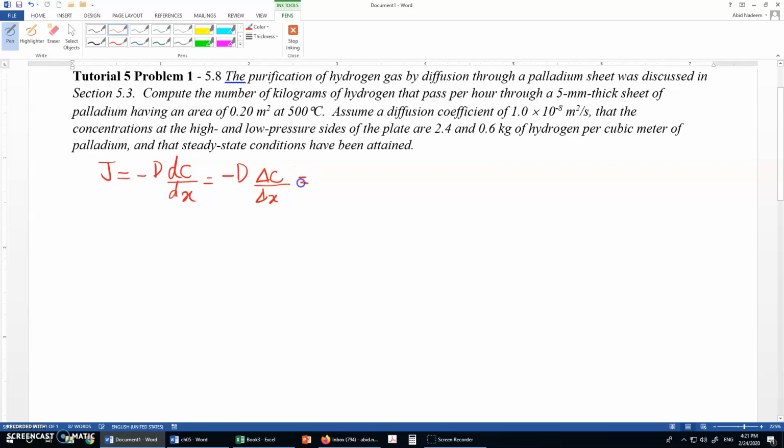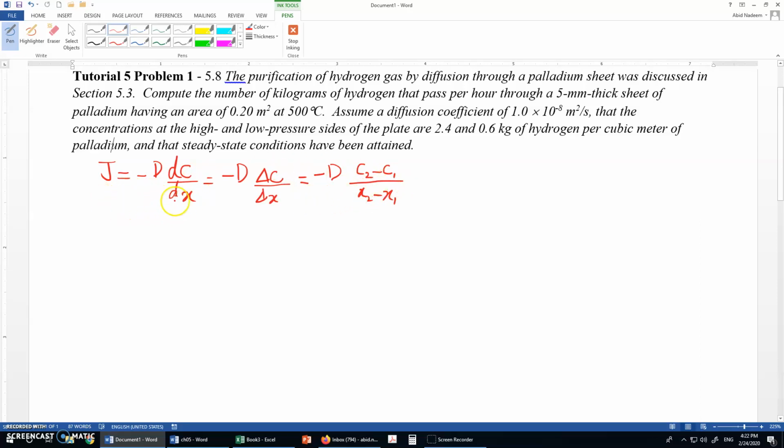So then we can also write it as minus D times (C2 minus C1) over (x2 minus x1), where x2 minus x1 is simply delta x.